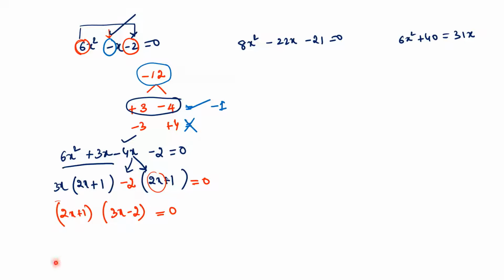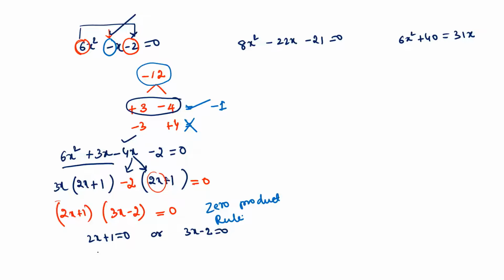This step is called the zero product rule. You should not learn math as it is; you should learn with the methods. So 2x plus 1 is equal to 0, or 3x minus 2 equal to 0. In these two cases, the equation will be 0.